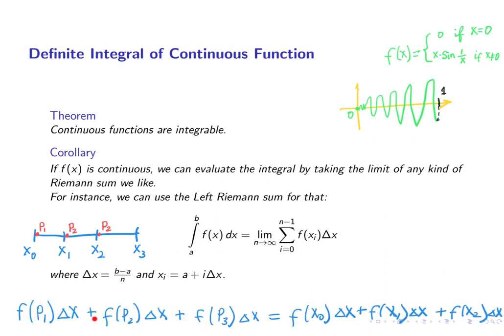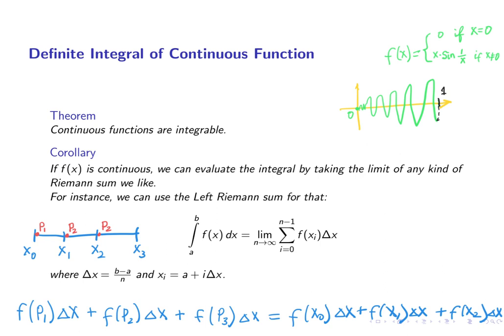So the Riemann sum in this example, f of p1 times delta x plus so on plus f of p3 delta x, will be f of x0 times delta x plus f of x1 delta x plus f of x2 delta x.